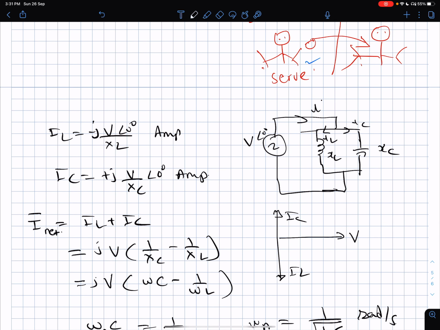In reality, however, circuits will always have some resistance, so it will never be a pure parallel LC circuit. There will always be some resistive component sitting here, in which case a V by R component would be drawn as the net current.